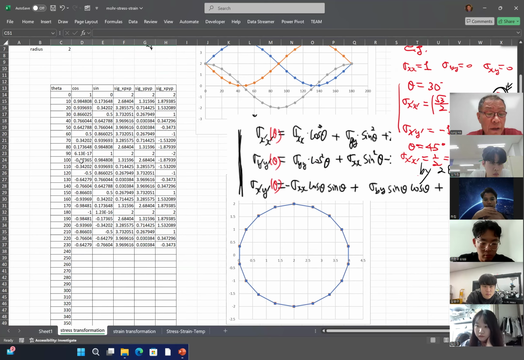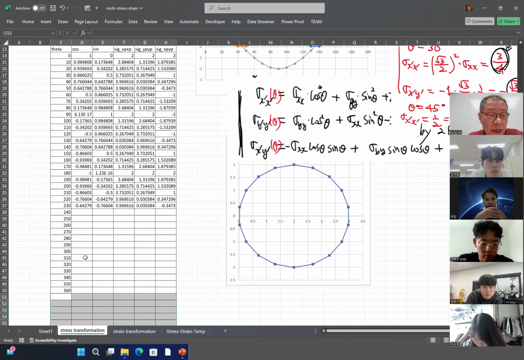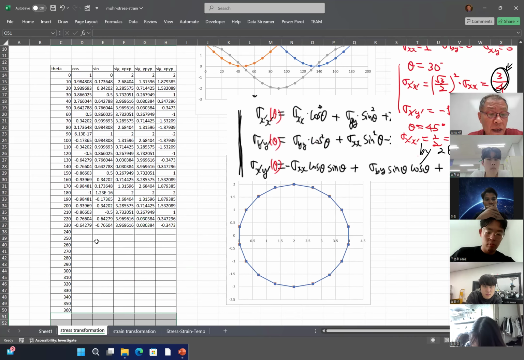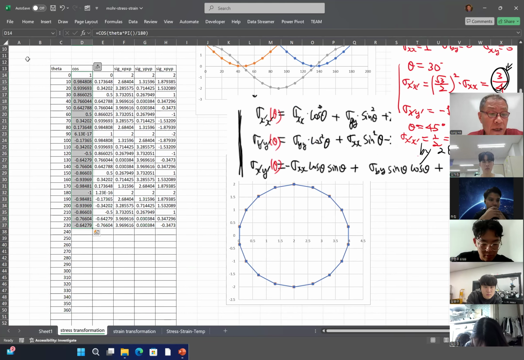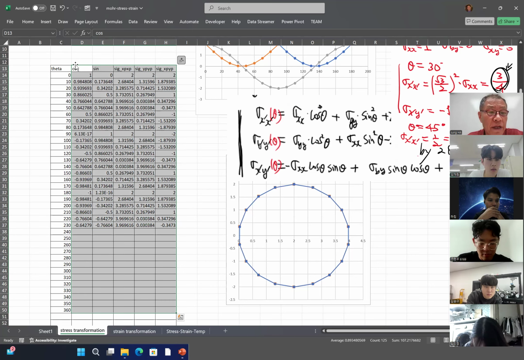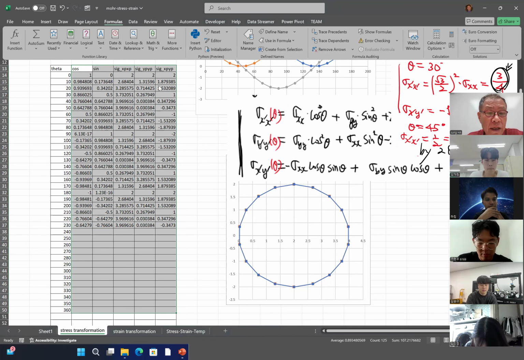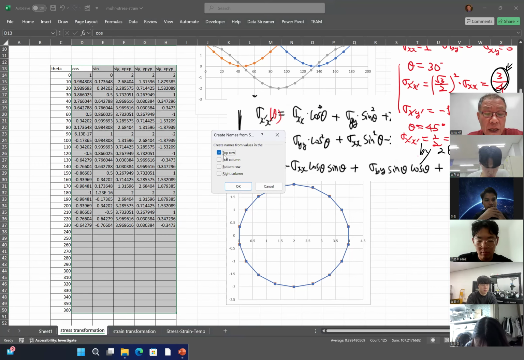The reason it doesn't automatically fill this blank is that the cosine is only defined from here to there, so we need to extend the name assignment up to here. Simply select like that and then go to create from selection and top row.